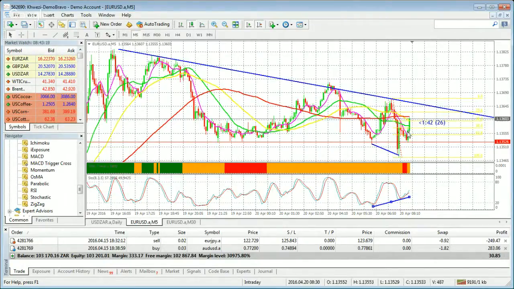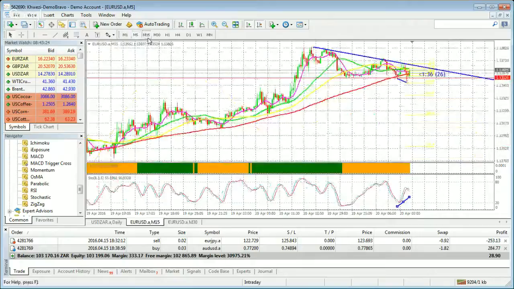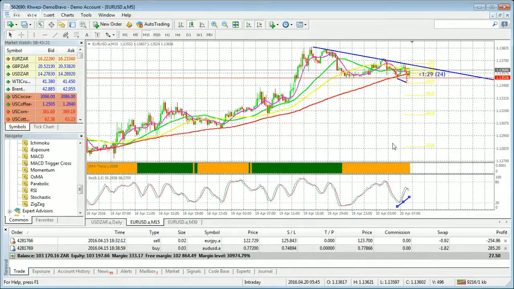Okay, it's starting to push up a lot bigger. Let's check here, 15. Still needs to make a push up, but we could see some nice divergence setup happening here a bit later.